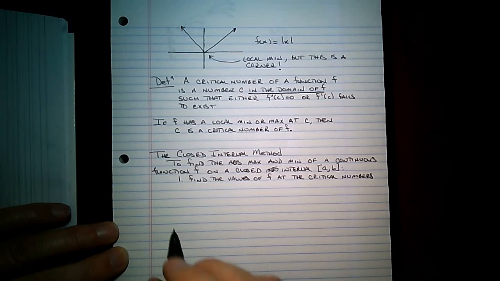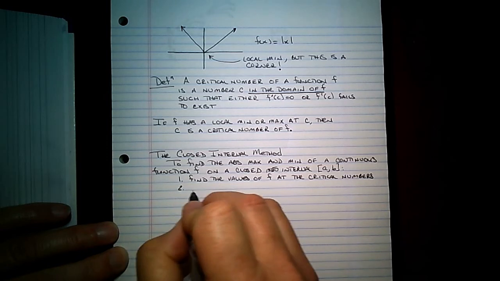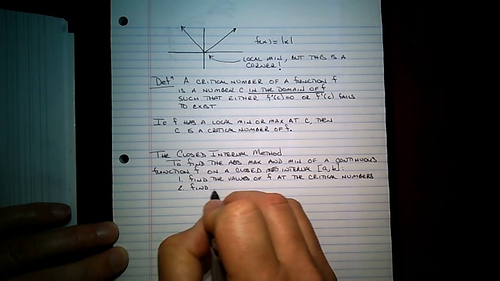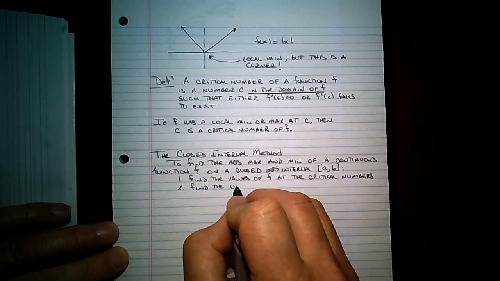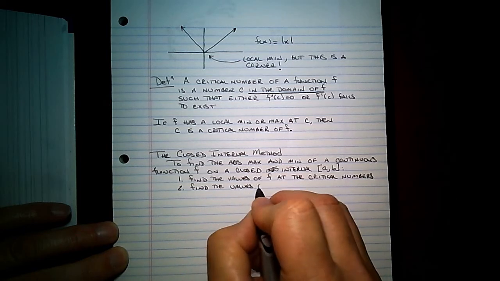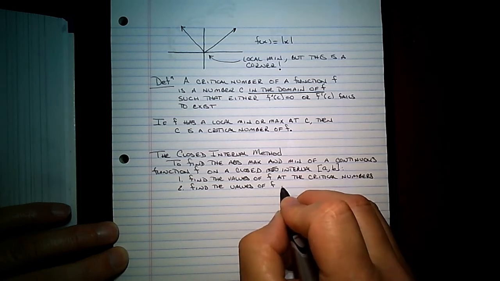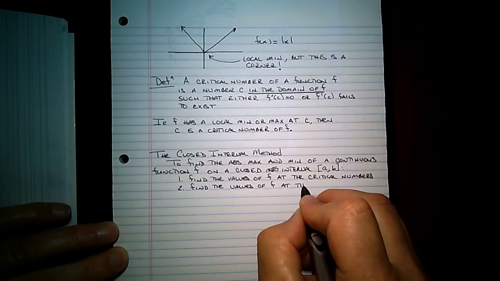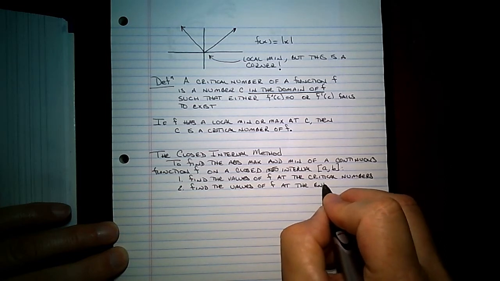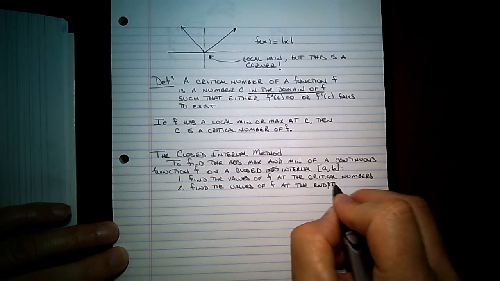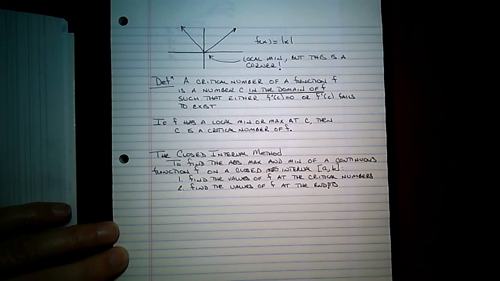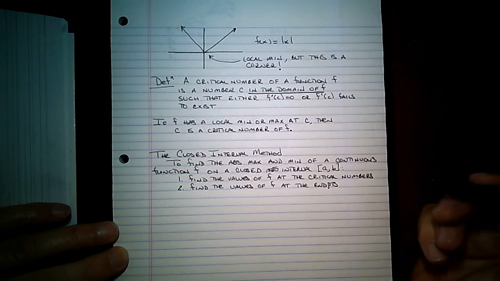Step 2: find the values of f at the endpoints. Just write these down. I'll draw a picture here and try to bring some clarity to this. That's my job. Your job is to write it down. My job is to make it make sense.